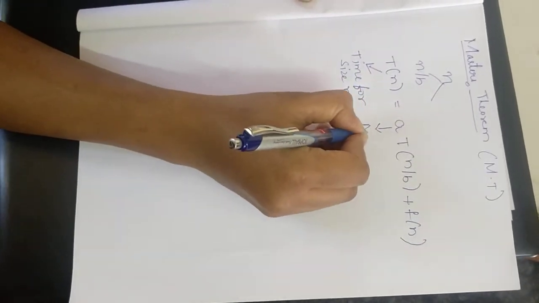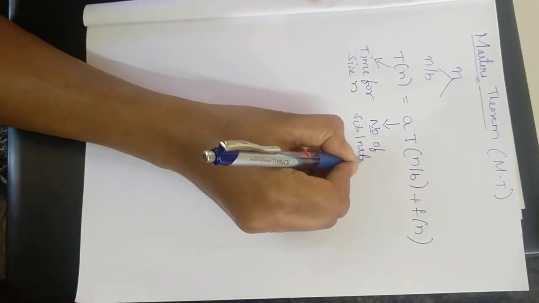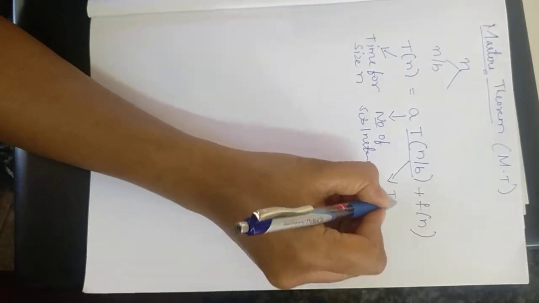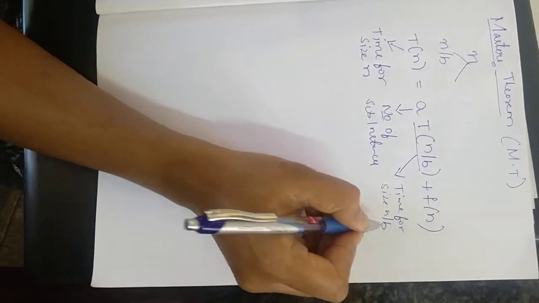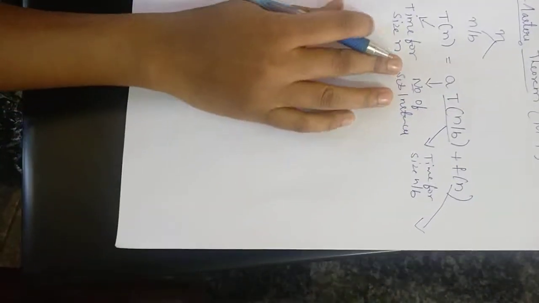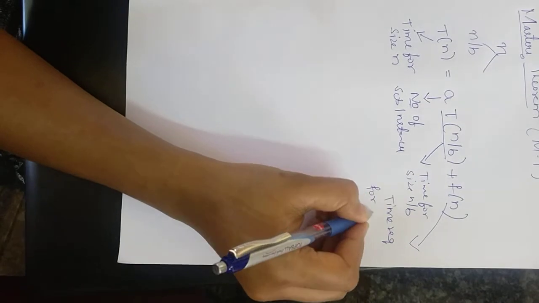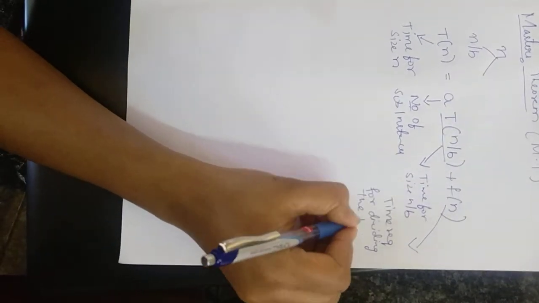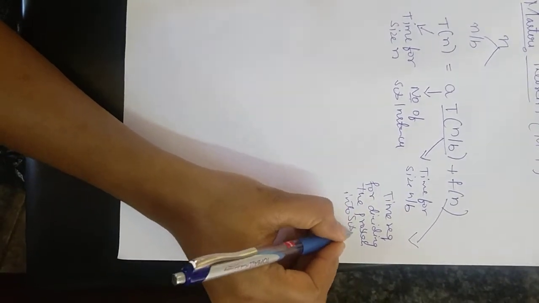This a is the number of sub instances, and this T of n by b is the time for size n by b, and this f of n is the time required for dividing the problem into subproblems.